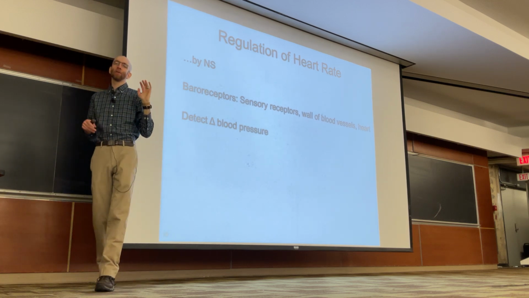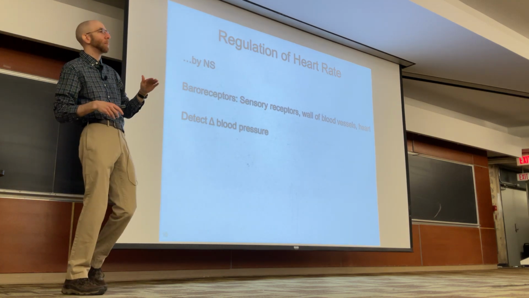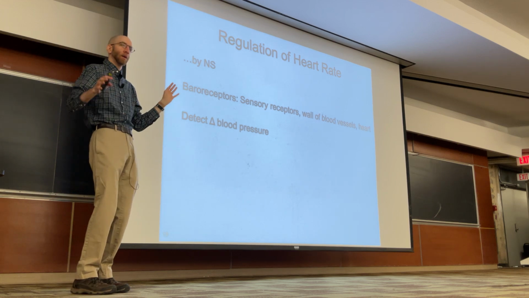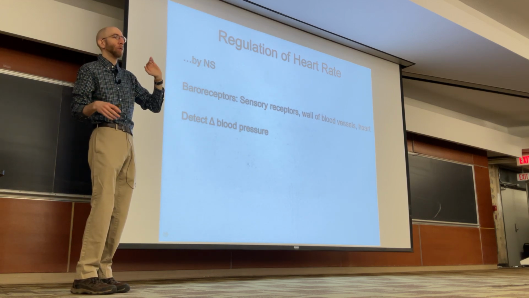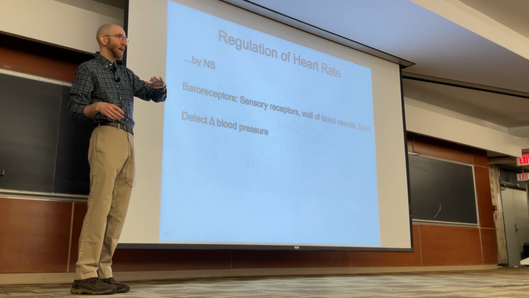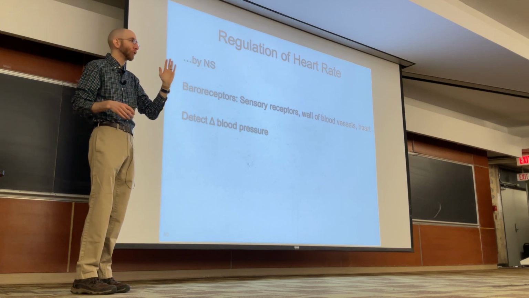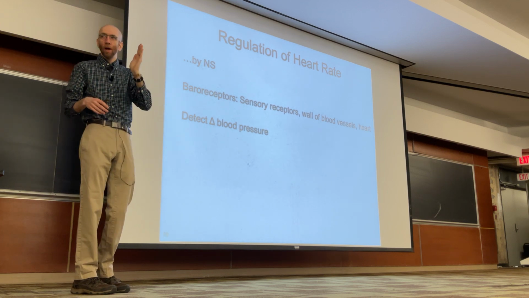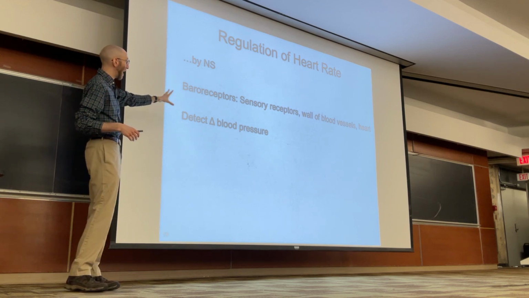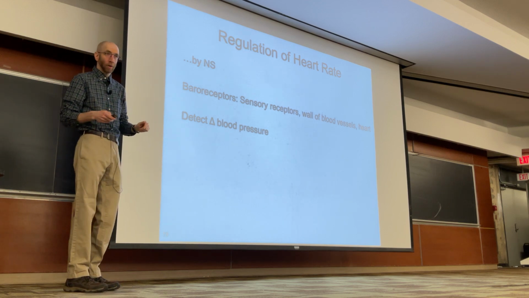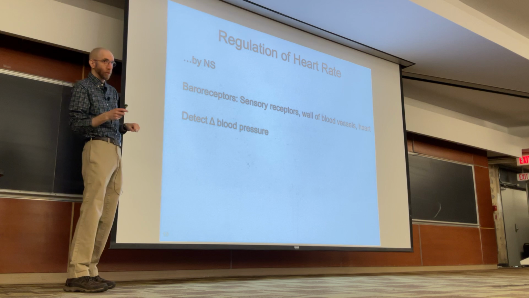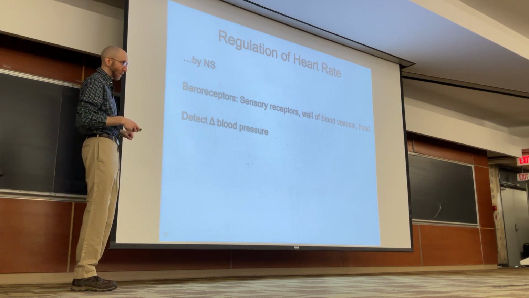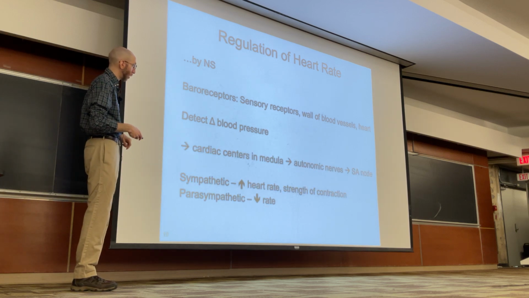For example, if you're sitting or lying down for a long period of time and then you stand up, you feel a little woozy for just a second. Your blood pressure is a little bit lower because now you're vertical, and your baroreceptors detect that. They say, whoa, let's get a little more oxygen circulating, please, and that increases your heart rate.